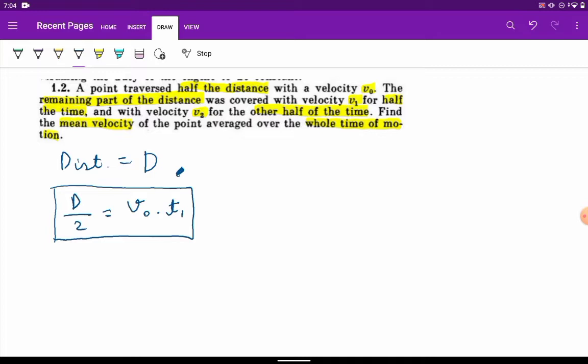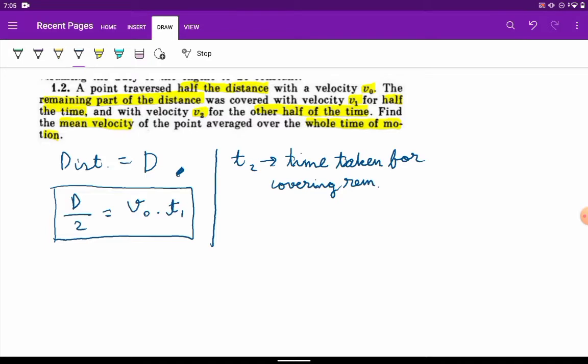That was covered with a velocity v1 for half the time and with velocity v2 for the other half of the time. So let's say t2 is the time taken for covering the remaining D by 2.